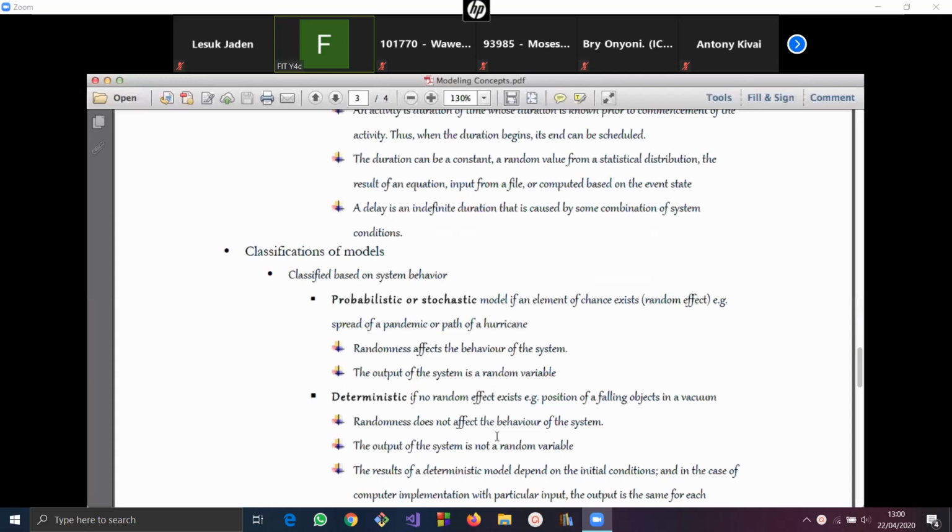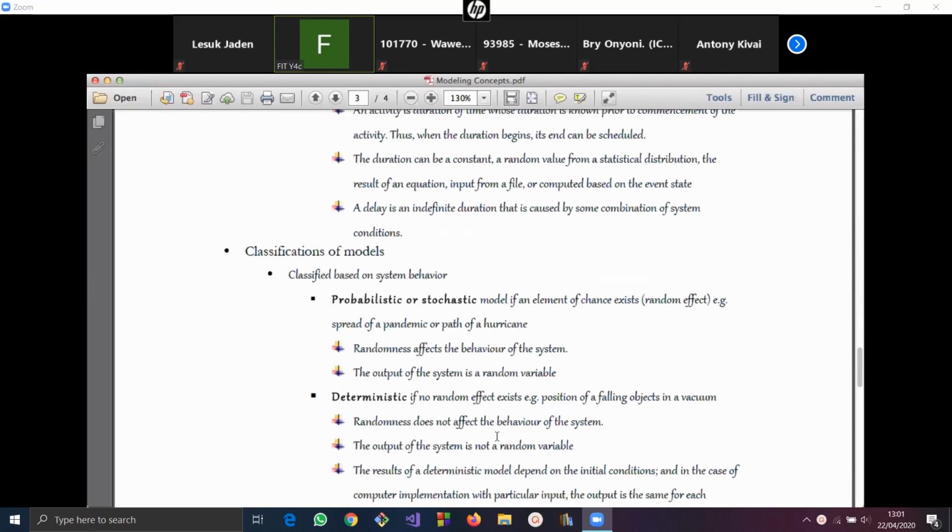That element of not knowing how many are going to come is dependent on chance. Their arrival is really dependent on chance. They come at random. Nobody calls the other and says let's meet in the supermarket. So we call it a random behavior. So stochastic or probabilistic occurrences are those where the occurrence is purely by chance.